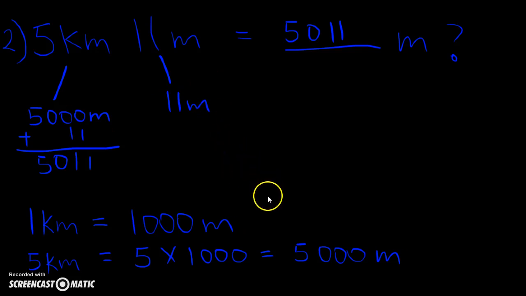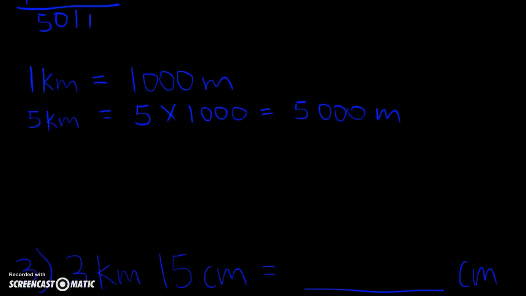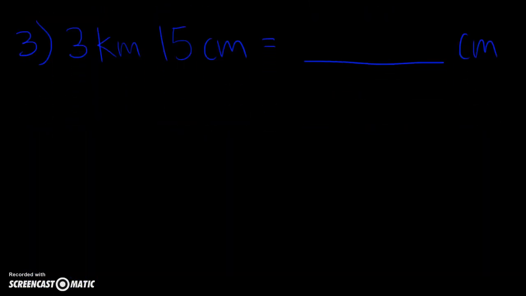Alright, moving on. It's actually a more difficult question. It might not be tested in your exams, but I think it's a good question to really test your true understanding of the topic. For this question, we are converting this compound unit, which is 3 kilometers and 15 meters.